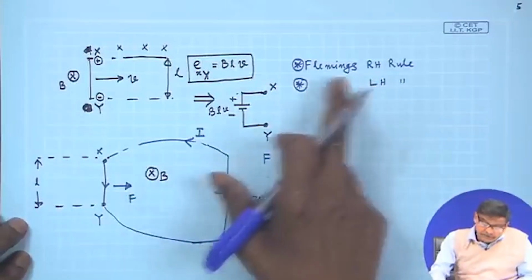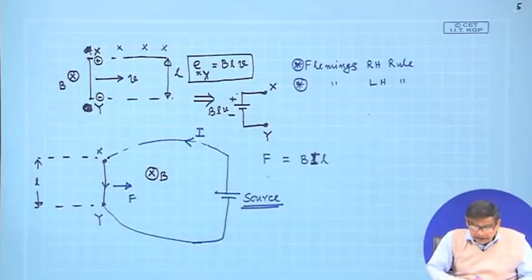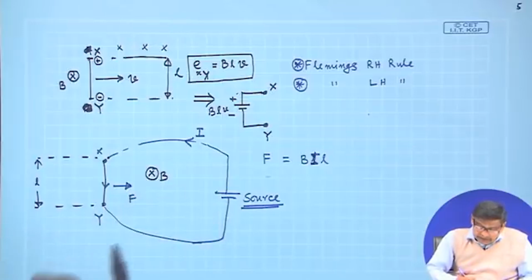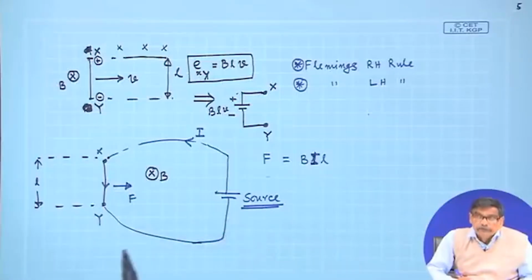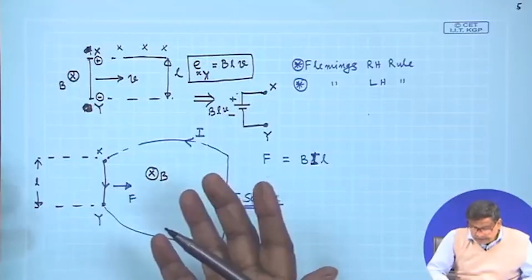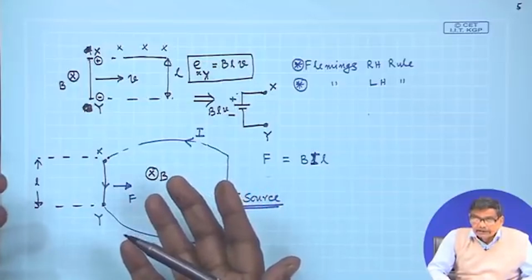Right hand rule is to be used to find out the polarity and magnitude of the voltages, and left hand rule is to be applied when you want to find out the force, when a conductor is carrying current placed in a magnetic field.